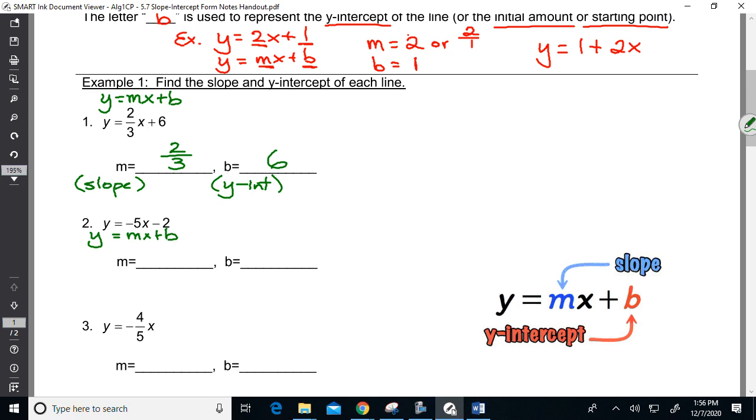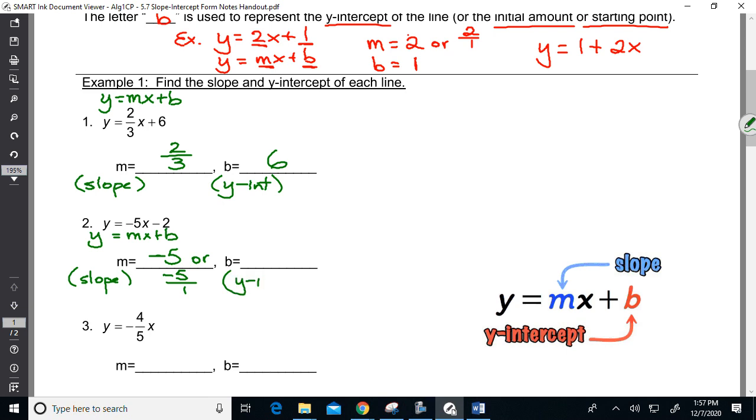Which number, remember? We don't include the x. We are going to include the 5, but there's something in front of that 5: negative 5. You can write it as negative 5, or as negative 5 over 1. That's your slope.